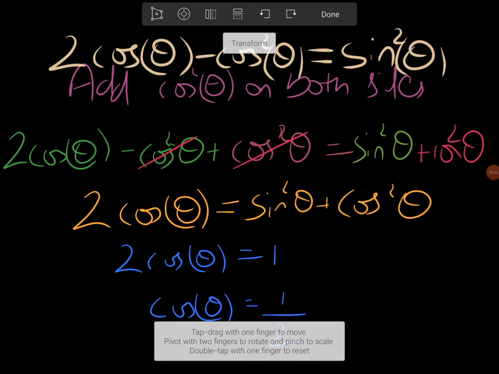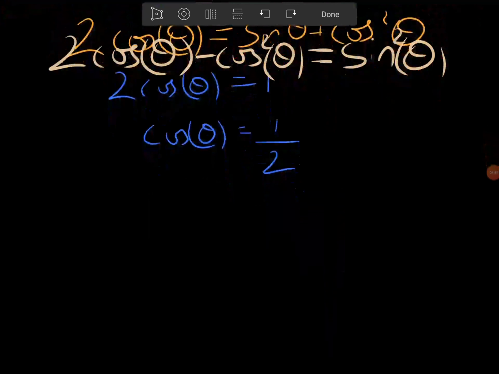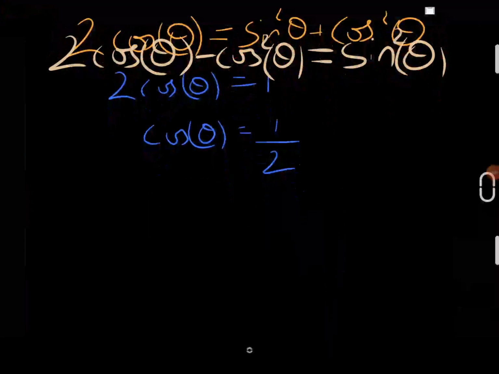Now see if you know what the value is. Do you know any value of theta with cos of that theta being 1 by 2? For that you have to study the special values, the special angles video, and looking at that we know that cos of which angle was it?